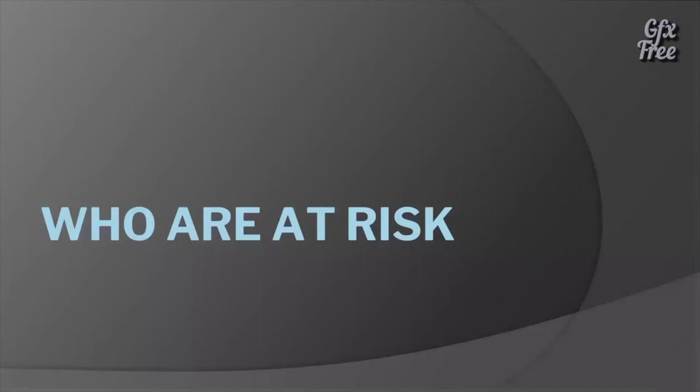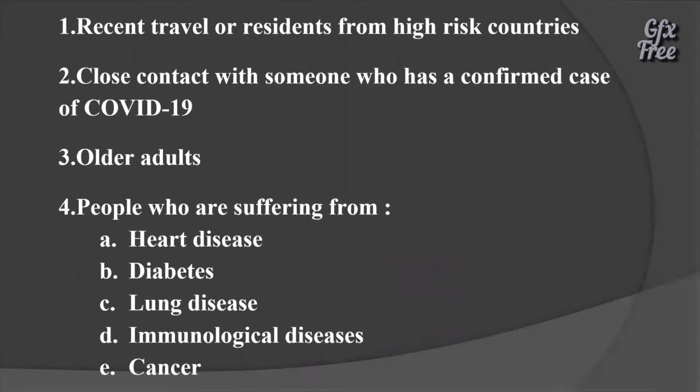Who is at risk of COVID-19? Recent travelers or residents from high-risk countries such as China, Iran, Italy, Korea, Spain, etc., and those in close contact with someone who has a confirmed case of COVID-19, such as family members or healthcare workers or those who took care of that infected person.